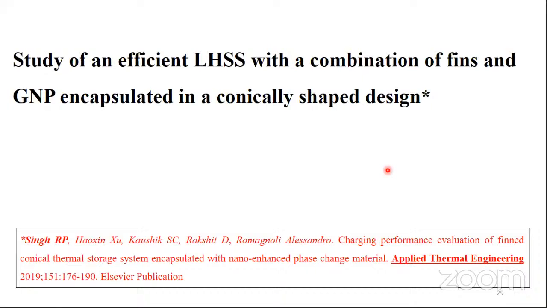Thank you. So, the study of an efficient latent heat energy storage system with a combination of fins and graphene nanoplates encapsulated in a conical shaped design is something which we will be looking at now.